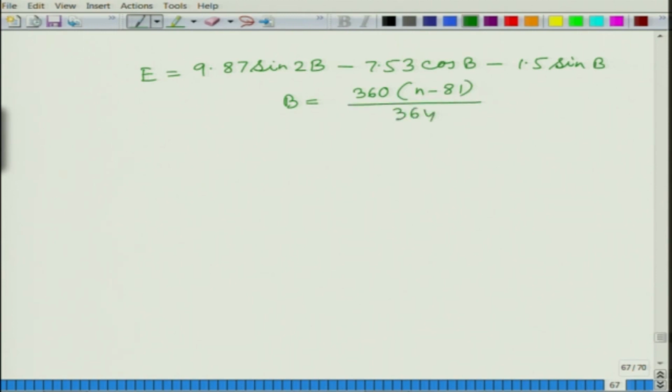Again, this b is in degrees and b is a function of n. N is again the number of day in a year. So, January 1 is n equal to 1.